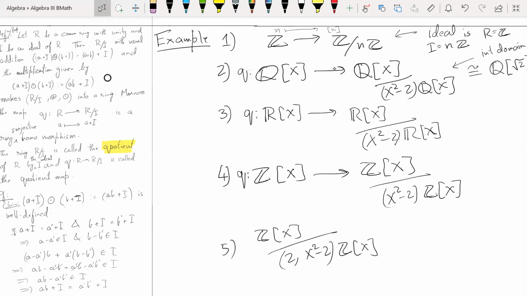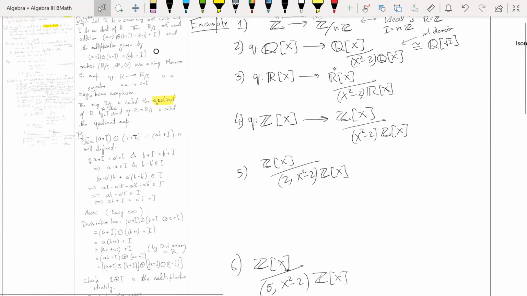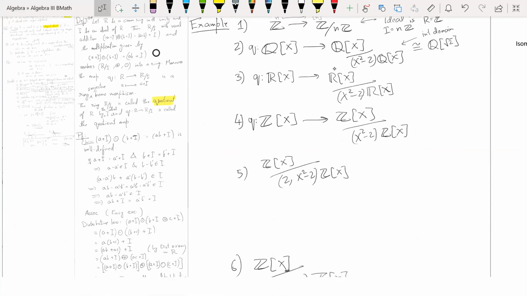Now the other set of examples are these. Here the ring is Q[x], and you can take any ideal. I've taken a set of similar looking ideals, meaning they are all generated by the same element in these three cases, x square minus 2. This ideal is in Q[x].